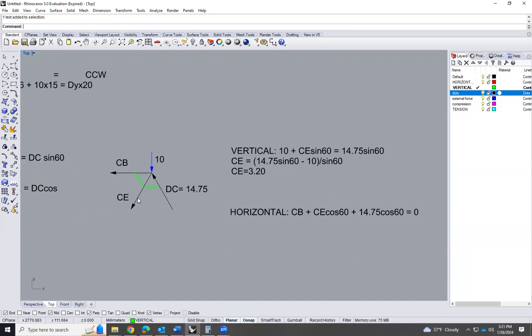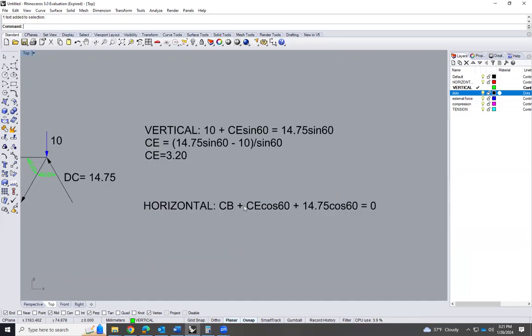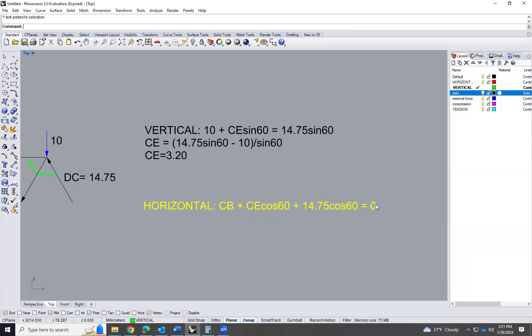CE. Now, if we have CE, we can calculate CB. What we have to do is move this here with a negative sign, and then move this here with a negative sign too, because we want to solve CB.